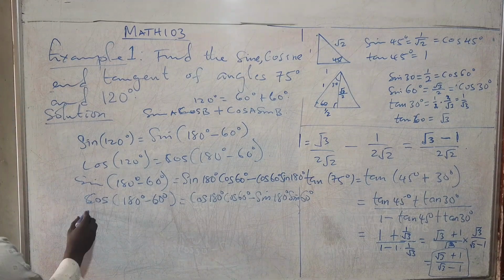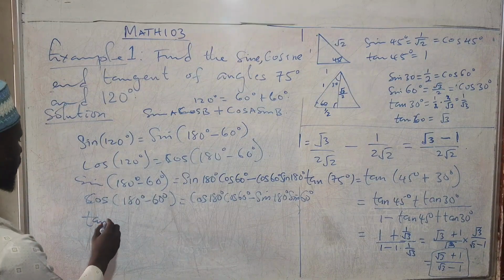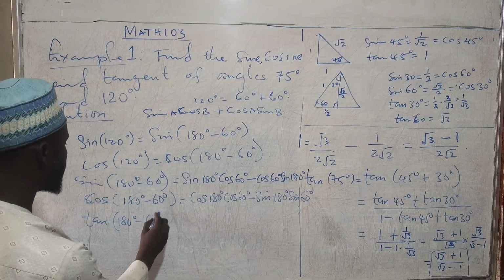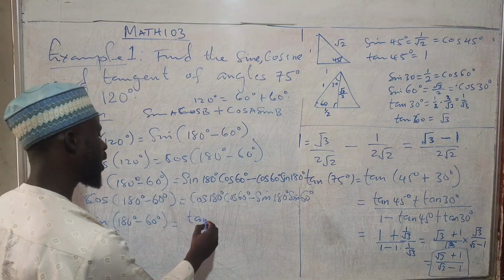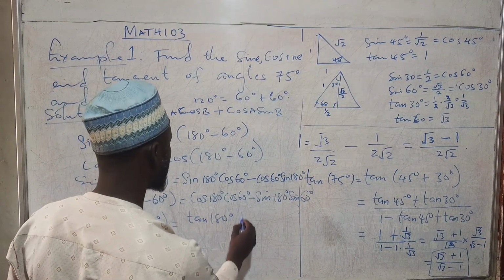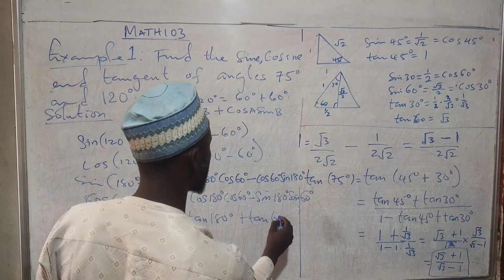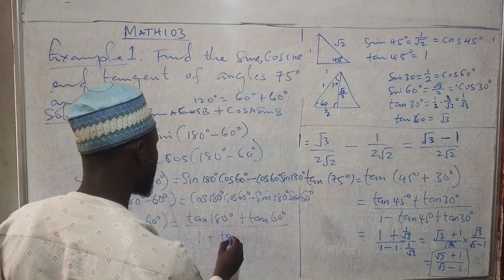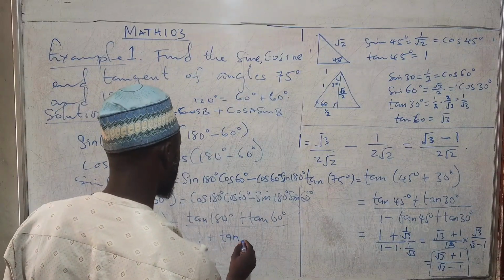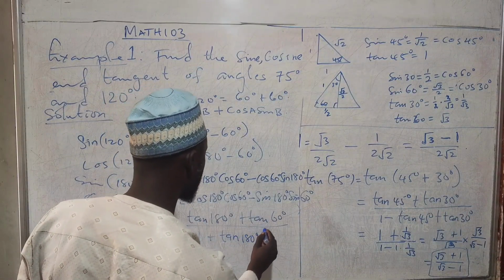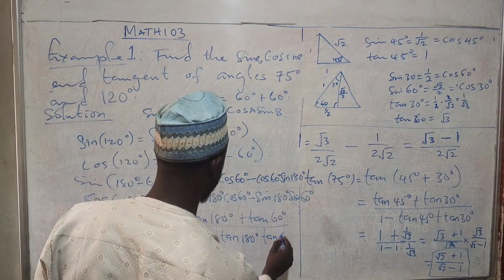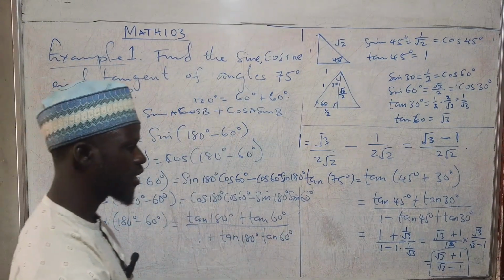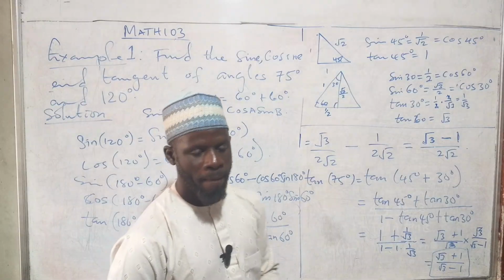For the tan of 180 minus 60 degrees, this is equals to tan 180 degrees plus tan 60 degrees over 1 plus tan 180 degrees tan 60 degrees. This is left as an easy exercise for students and viewers to evaluate.